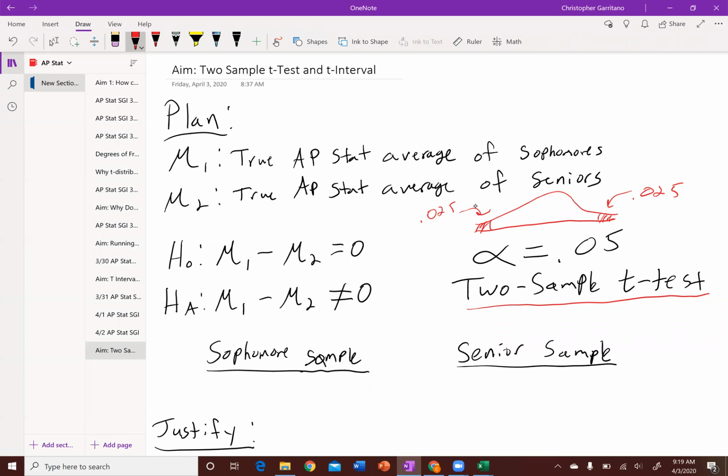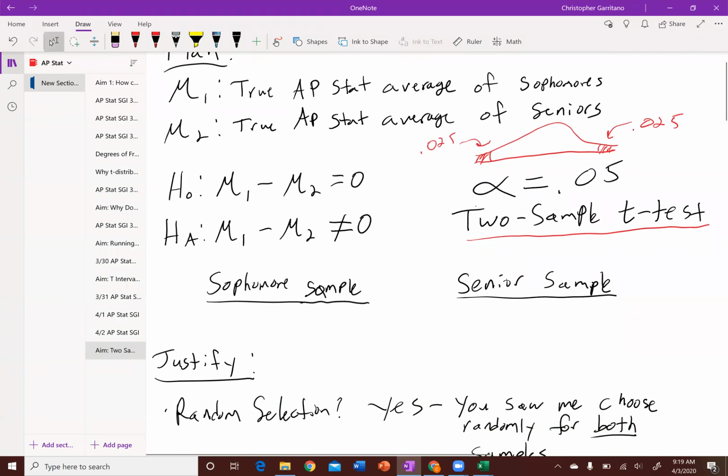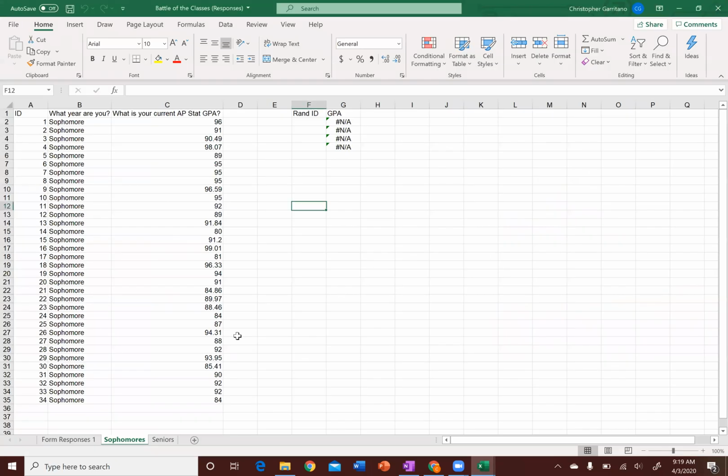All right, so let's go ahead and choose our samples. This is the sophomore population. This is the information that was provided to me. I understand that I can easily check this claim by just looking at the population, but for illustration purposes, we're going to run a hypothesis test.